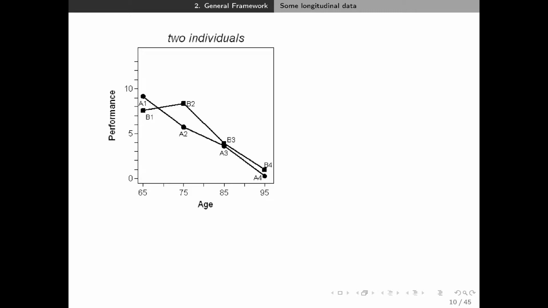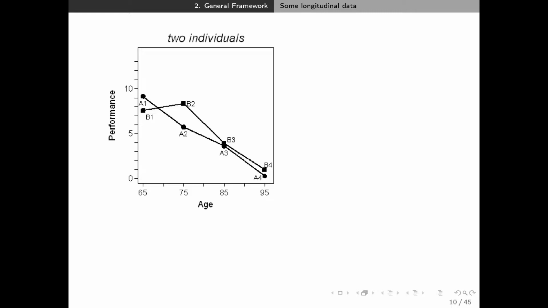Here it's age, and the question is, how fast do people decline on performance with age? And how well are they performing at baseline? And are there potentially any individual difference factors that help explain where people start and how fast people change? Our questions are all about answering that type of a model.